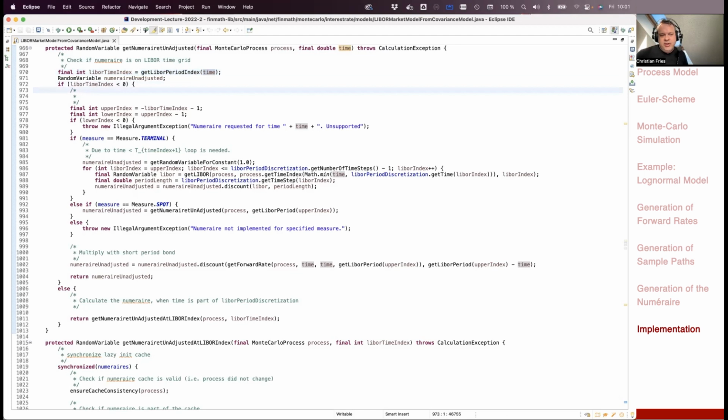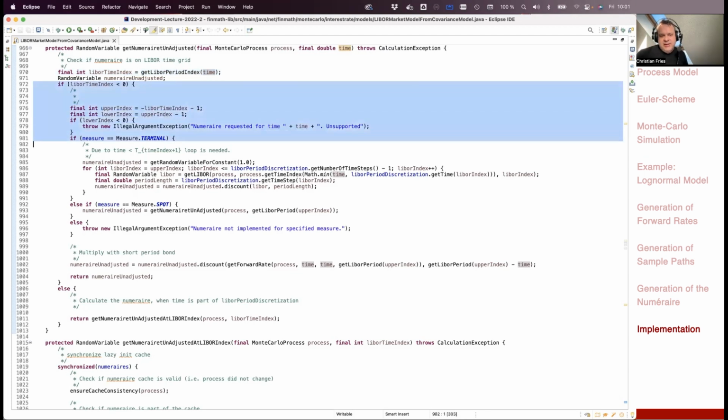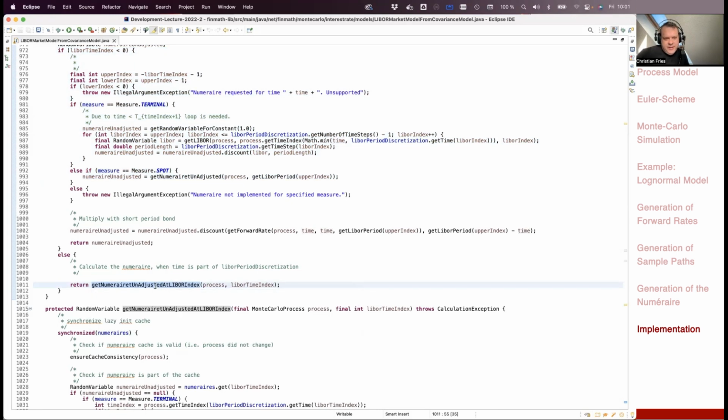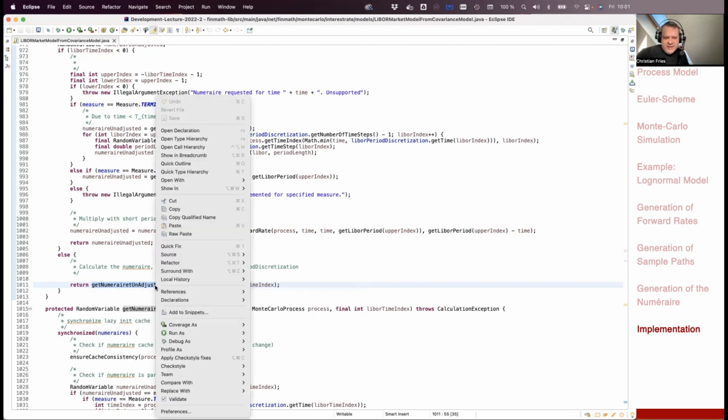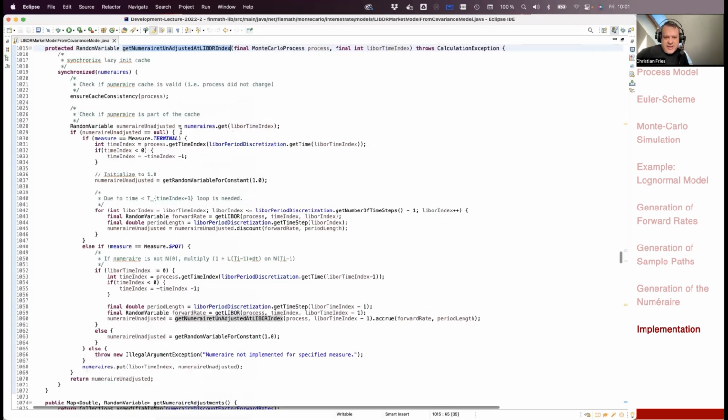If this is not the case, then there is some stuff going on. If we are on this grid, we actually go to the numeraire unadjusted at the period index, and that's the code, yeah, that you may now find on this slide.